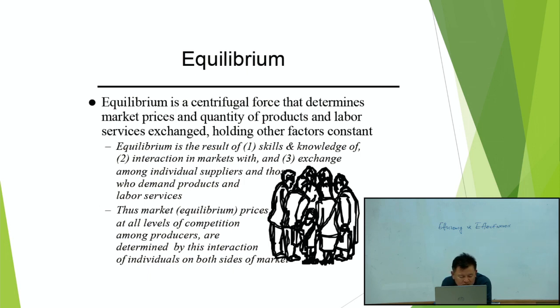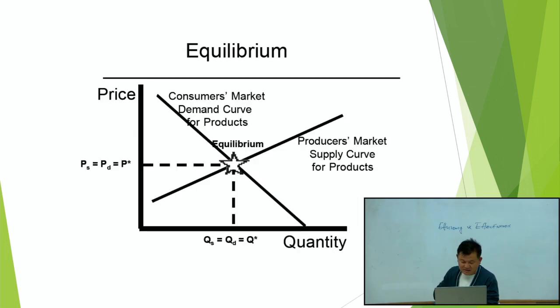So market prices at all levels of competition among producers are determined by this interaction of individuals on both sides of the market. The market is producer and consumer. The labor market is a firm and manpower, labor. They meet at some point. This point we call the equilibrium.